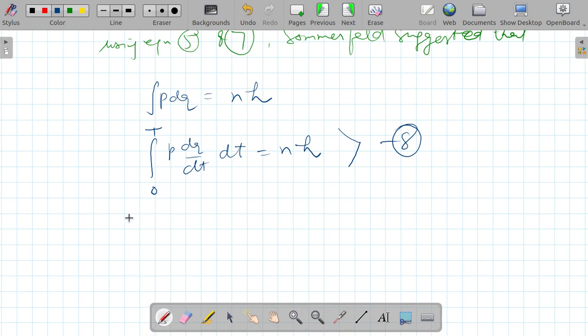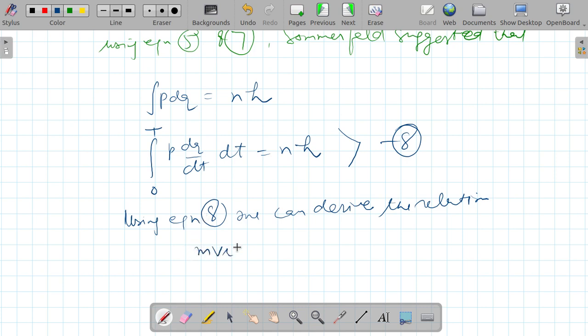And using equation number 8, one can derive the relation mvr is equal to n h cross.